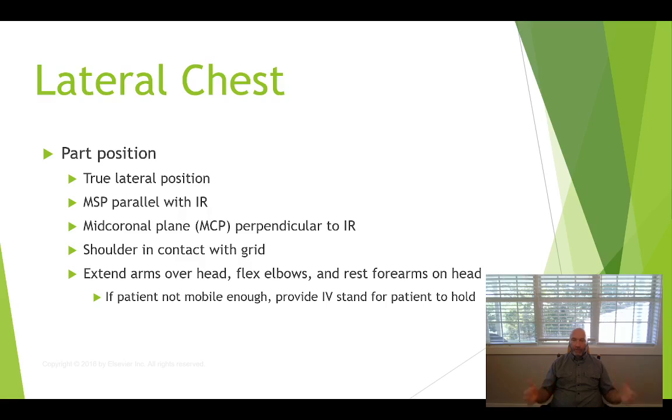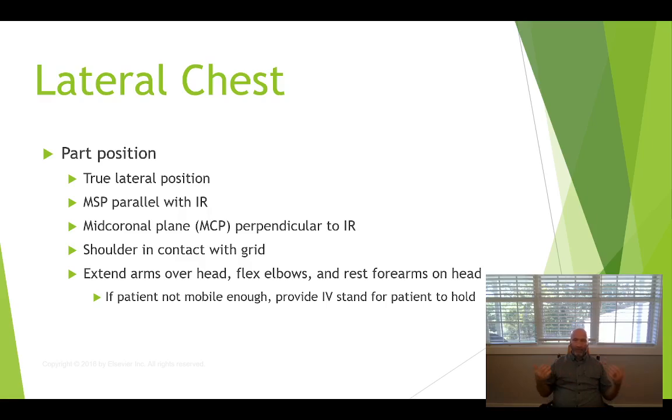If the patient has broad hips and their hips push them out and away from the image receptor, the last thing that you want is to have the patient lean into the image receptor, because then that's going to take that mid-coronal plane that should be perpendicular to the image receptor and it's going to tilt it. All right, so we don't want that to happen. So have the patient turn and then watch the patient.